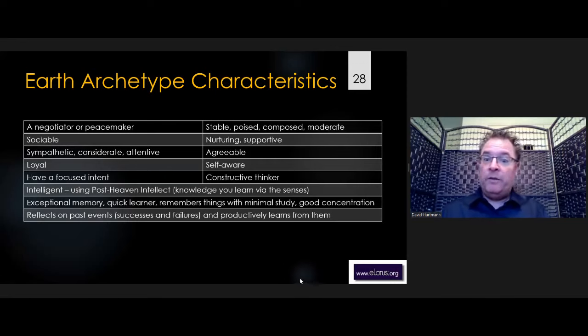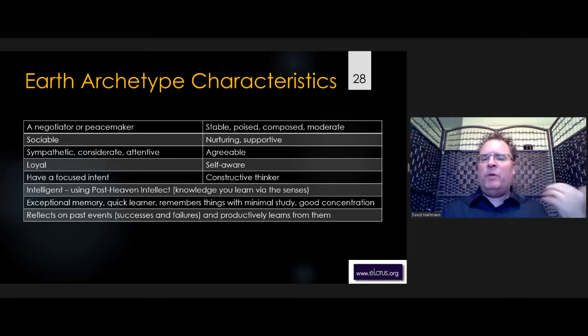And you're much more likely then to do it. And then you're accountable to it too, which holds more power again. You're much more likely to keep up with the willpower to follow through to the end when it's you that's thought it. The Earth archetype has a lot of intelligence, just like all the other archetypes do.